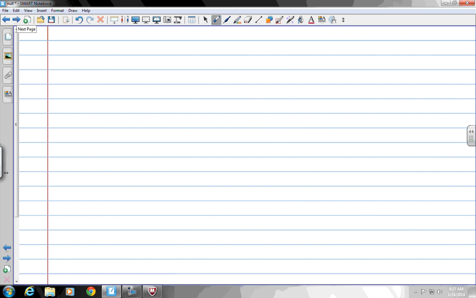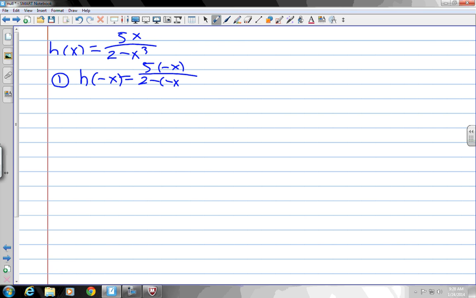Here's another example. h of x equals 5x over 2 minus x cubed. Same question: is the function odd, even, or neither? First, again, we start by computing h of negative x. I'm going to replace each x with a negative x, so that becomes 5 times negative x over 2 minus negative x cubed.